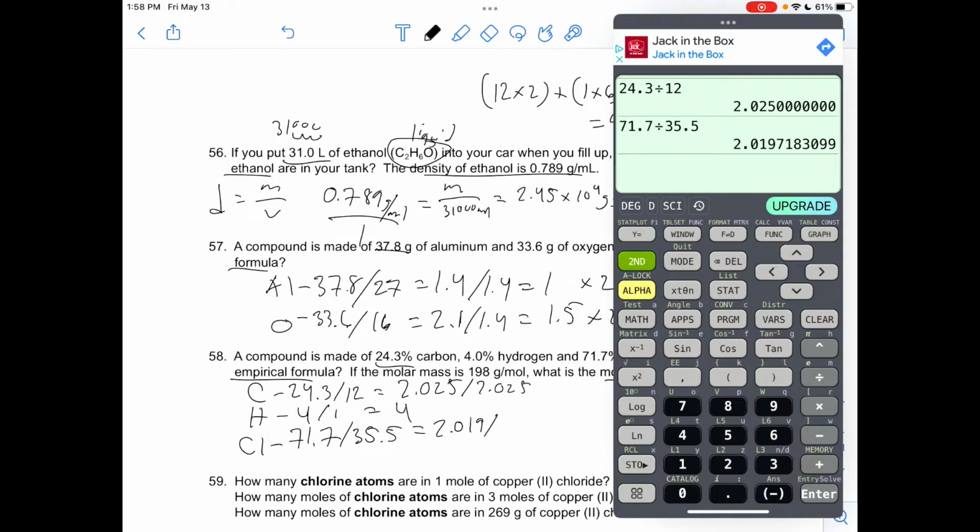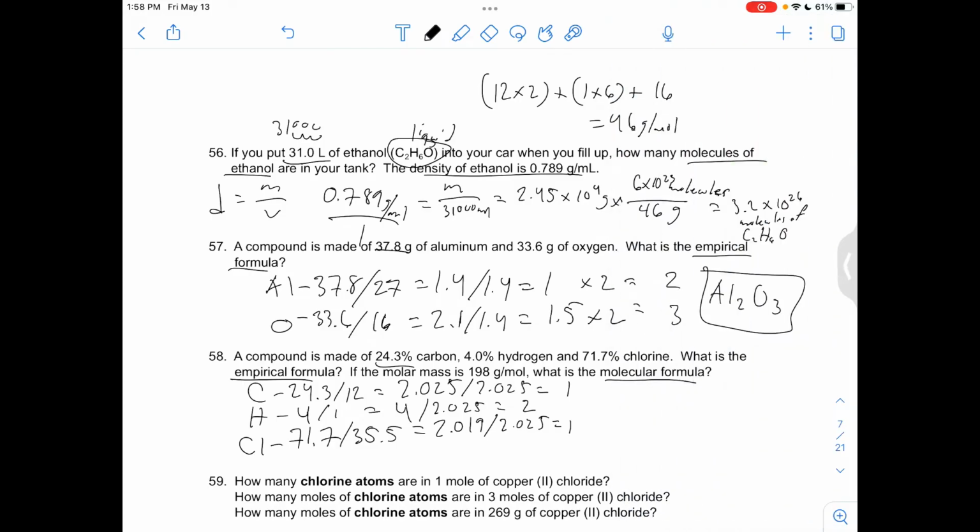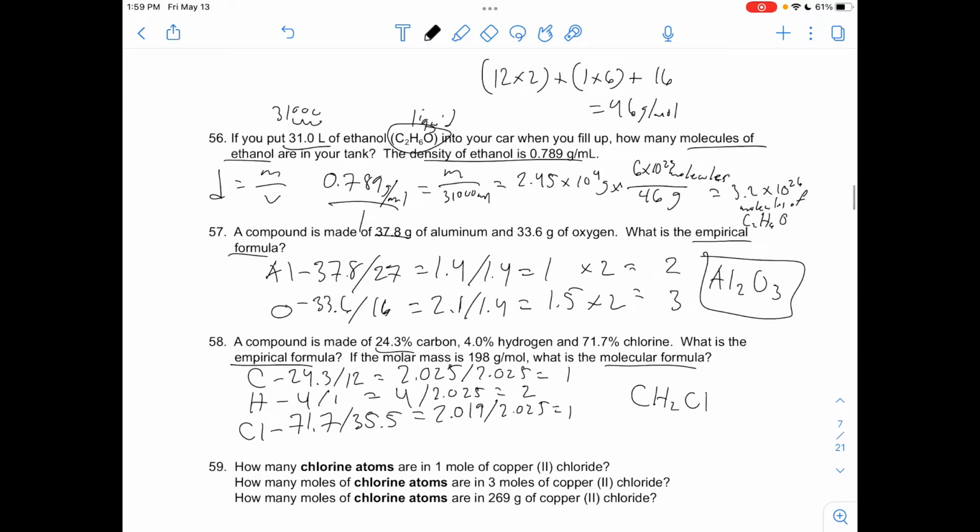Again, divide by the smallest number. So it's going to be C1H2Cl. That's the empirical formula.